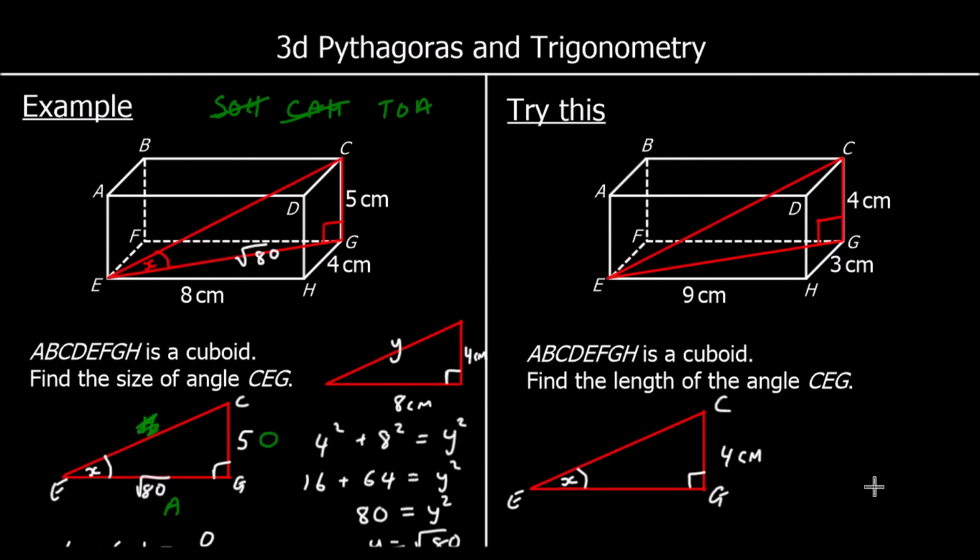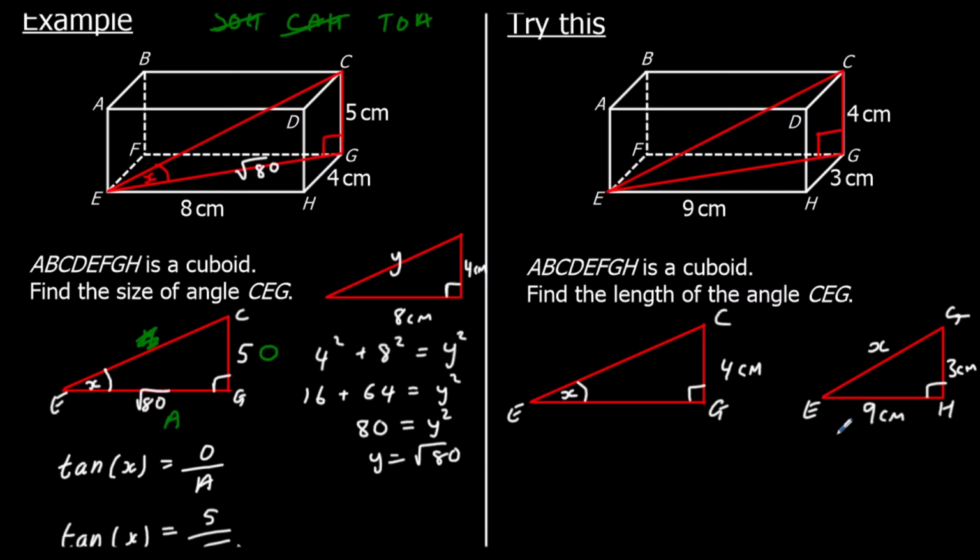So we can work out that length using Pythagoras on another right angle triangle, which is EGH. So G to H is 3 centimeters, E to H is 9 centimeters. So we can use Pythagoras to find E to G. So Pythagoras says a squared plus b squared equals c squared.